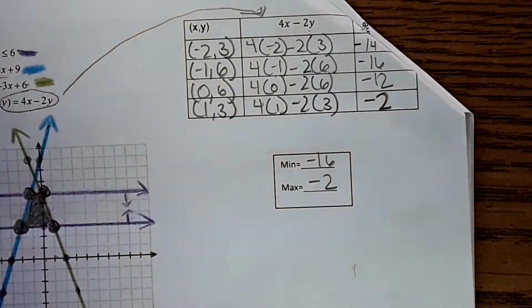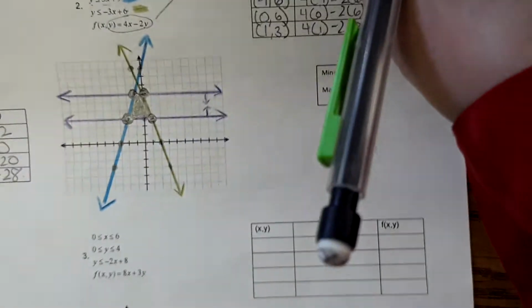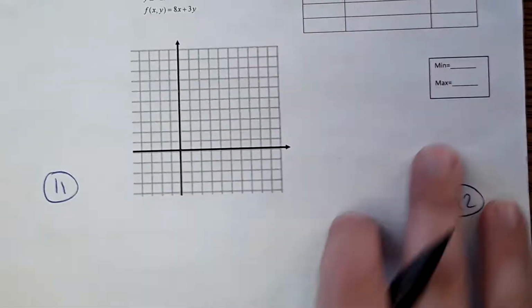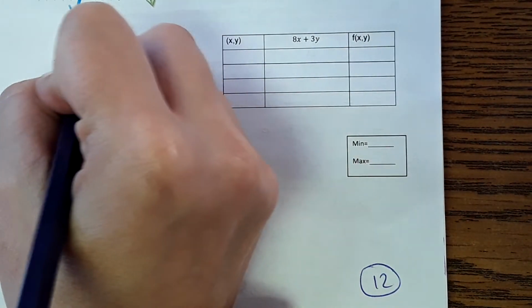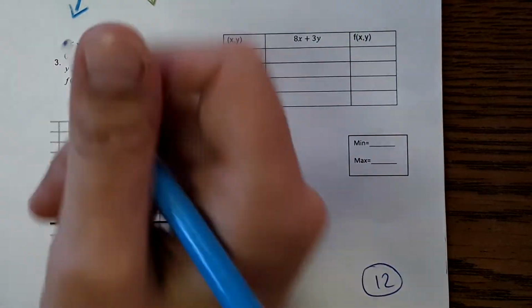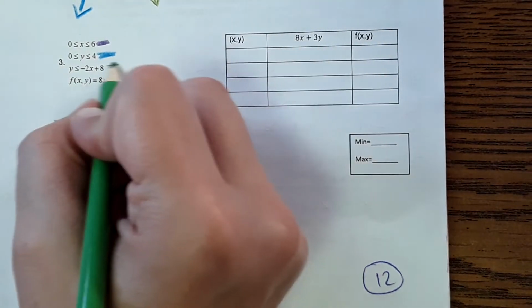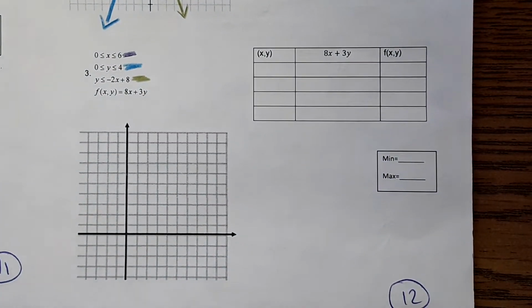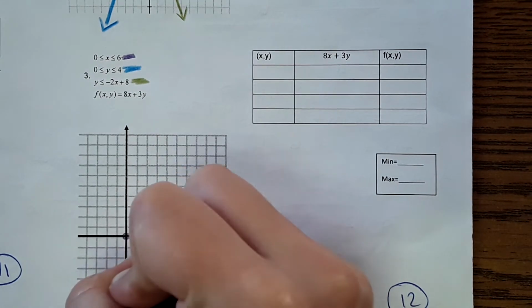Okay, last example for today. Everybody got it? Okay. Now we're doing it one more time. I'm using the same colors, purple, blue, and green. The x is between 0 and 6.